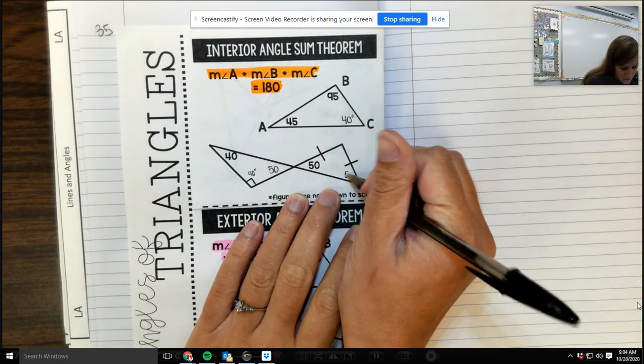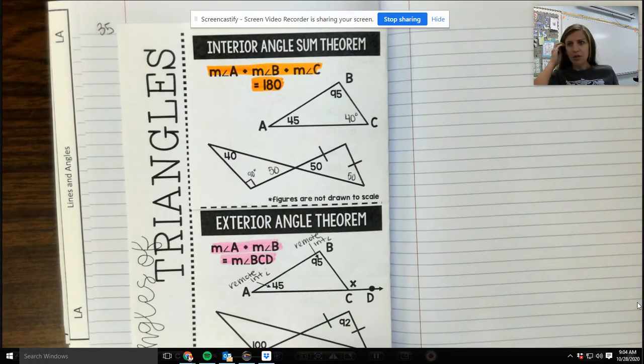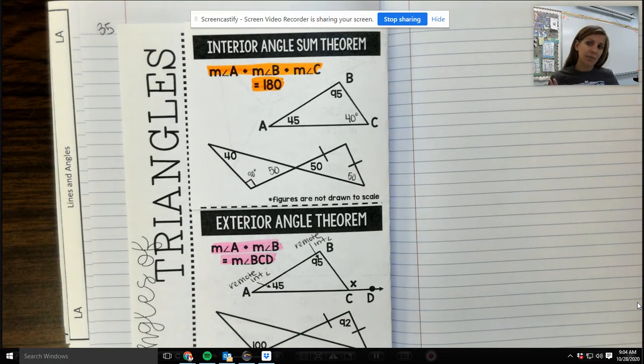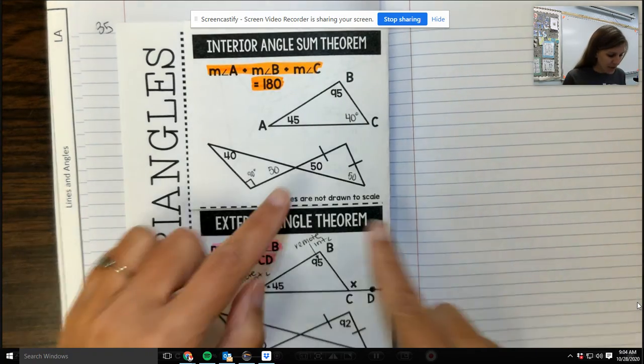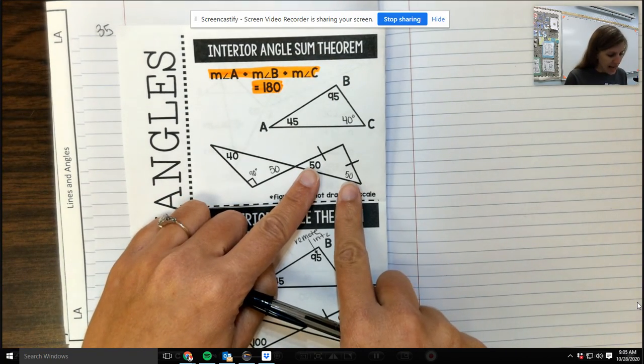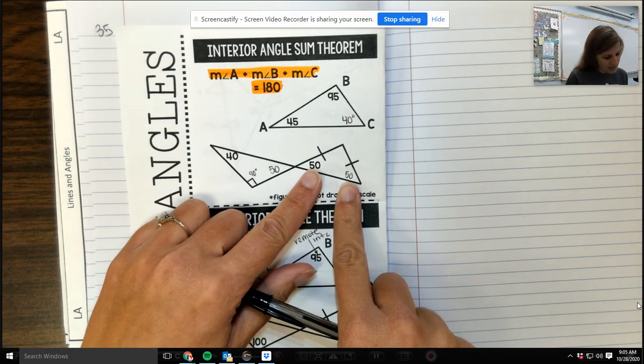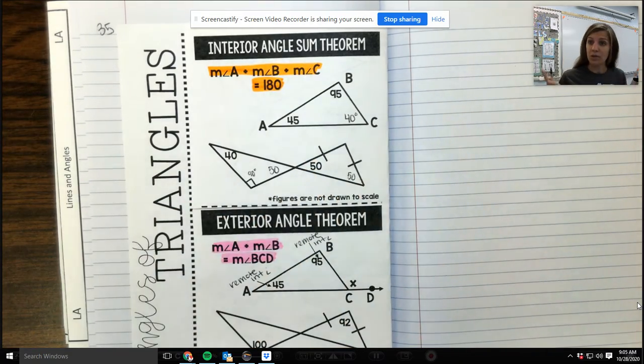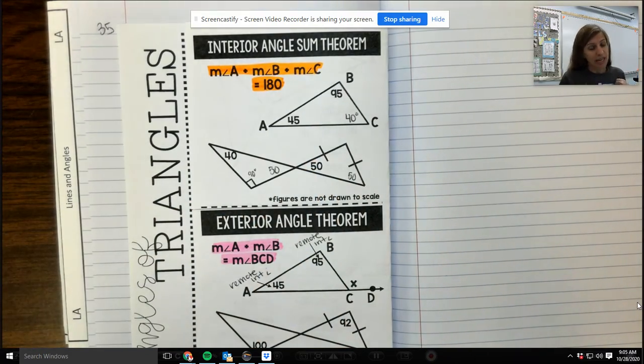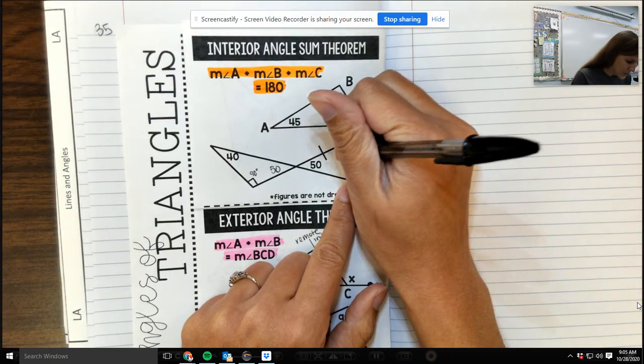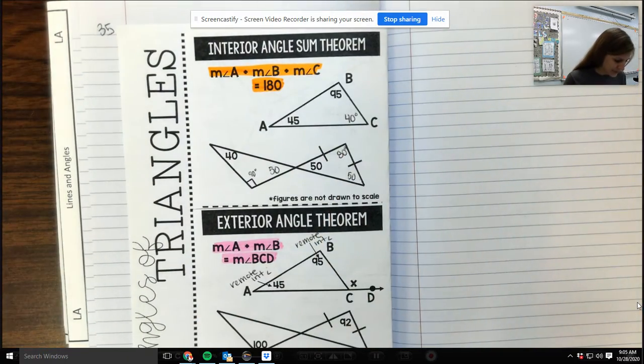If that's a little weird to you for now, don't worry about it too much. We're going to get into that more next chapter, so soon. But for this example, we can do it quick. So far in this triangle, this angle is 50, that angle is 50, for a total of 100. I need 180 to make a triangle, so I need 80 more up here.